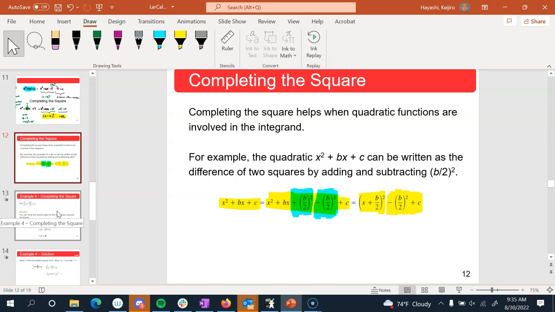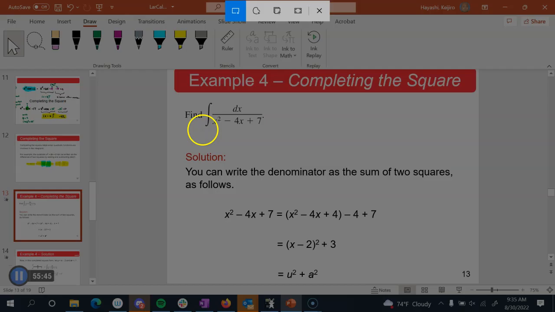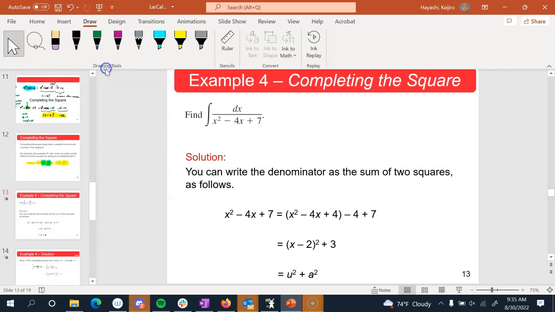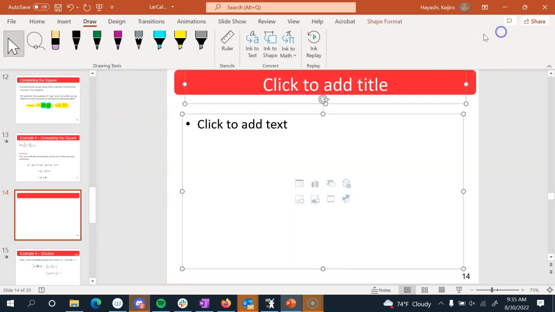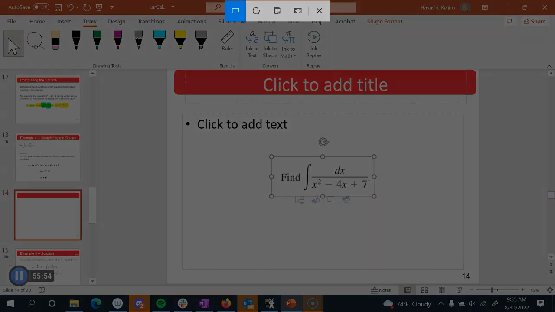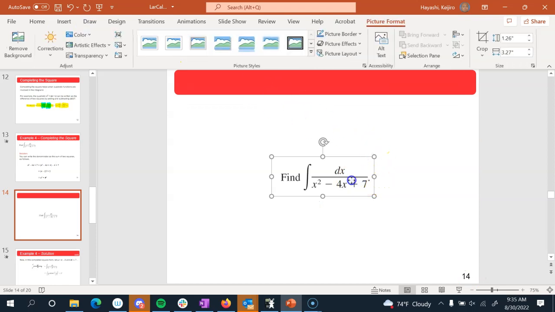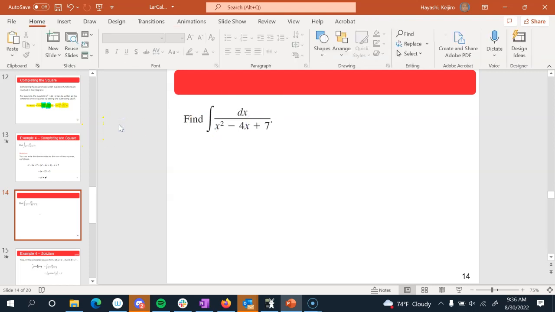Okay, so start with this. The way that this is written, this doesn't exactly look like very much of anything that you've seen so far.